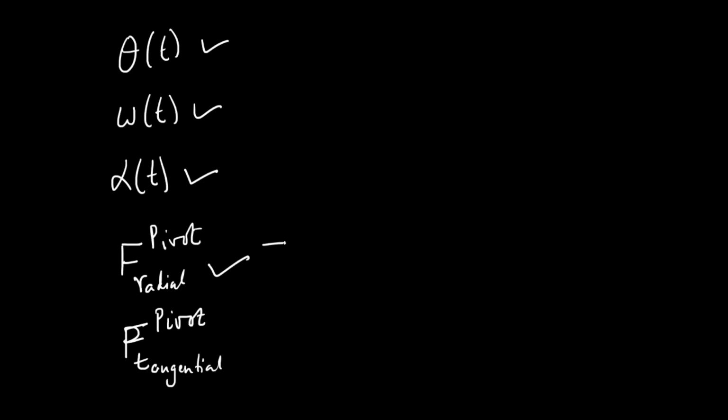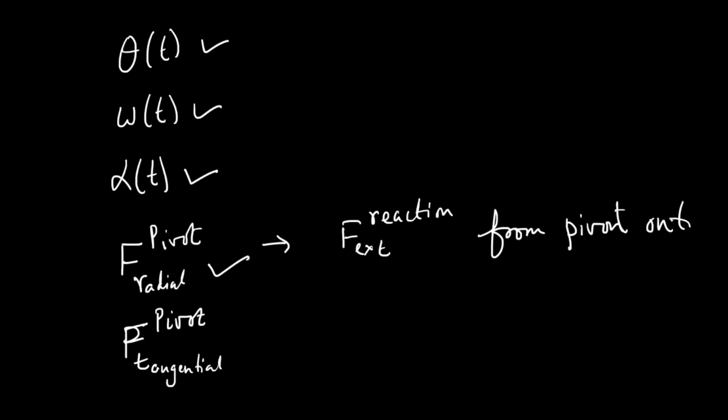So I just want to write it: external force, sometimes called the force of reaction from pivot onto scale. And by Newton's third law, if somebody asks what is the force by the scale on the pivot, just reverse the direction. I'm not going to write this all over again. So this is also known.